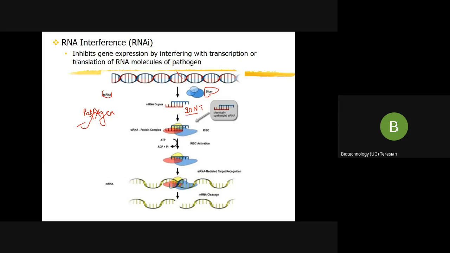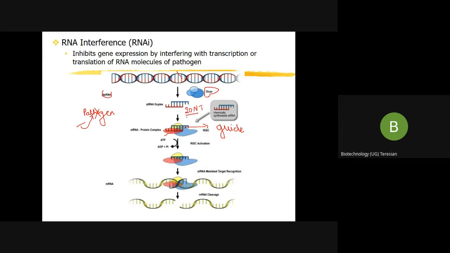like a guide strand. For example, this will act as a guide strand, like a leader, and it is incorporated into the RNA-induced silencing complex. What does that mean?